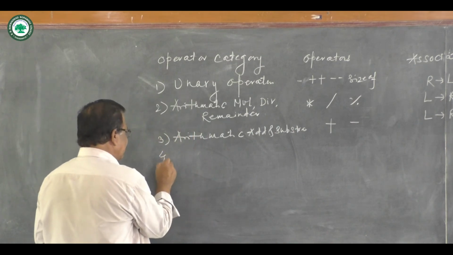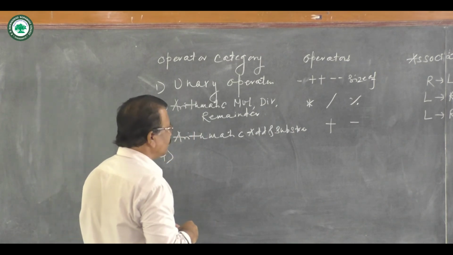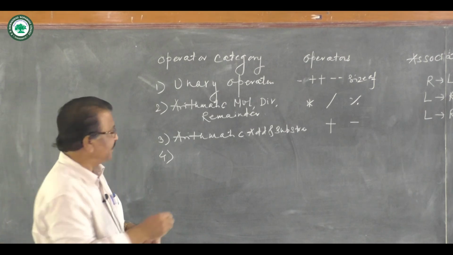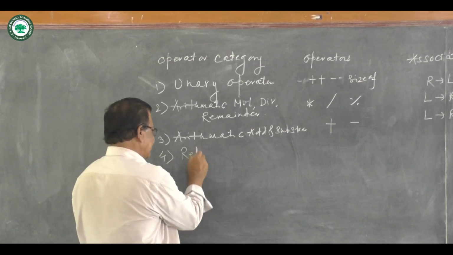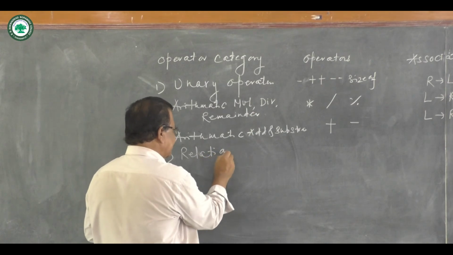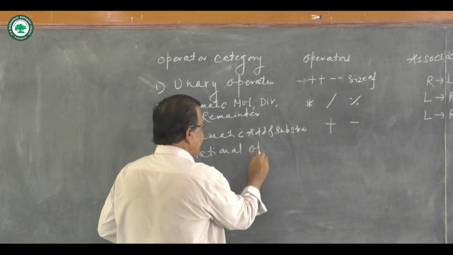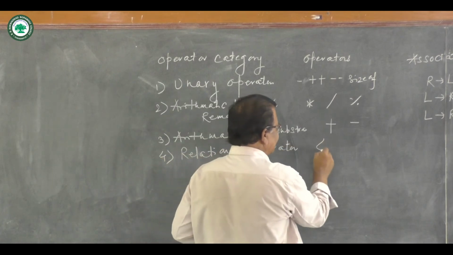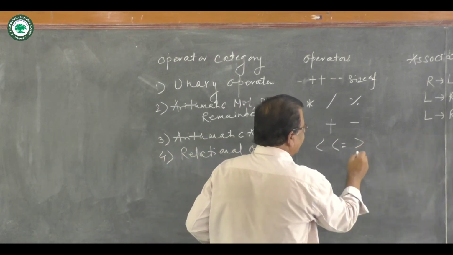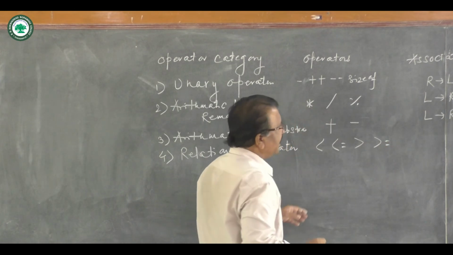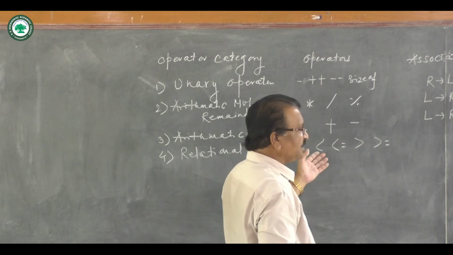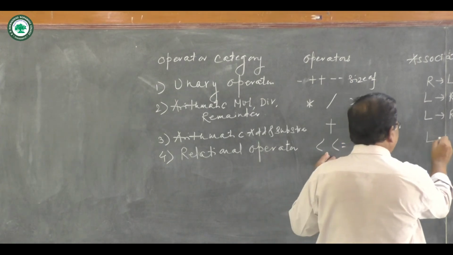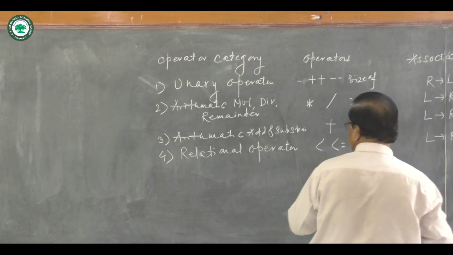Then fourth precedence or priority goes to relational operators. Relational operators are four: less than, less than or equal to, greater than, greater than or equal to. And if more than one relational operator appears in an expression, they will be evaluated from left to right.